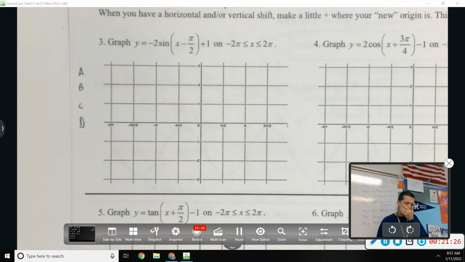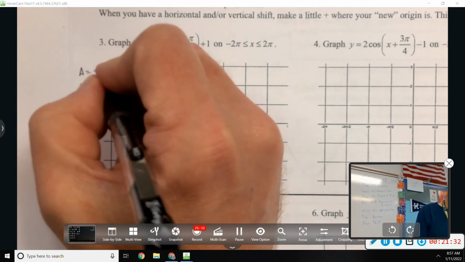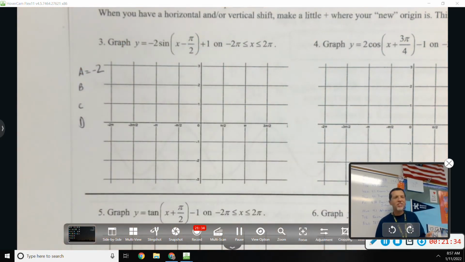So number 3. What's A? What's the amplitude? It's -2. Be careful, that's two separate questions. A is -2.